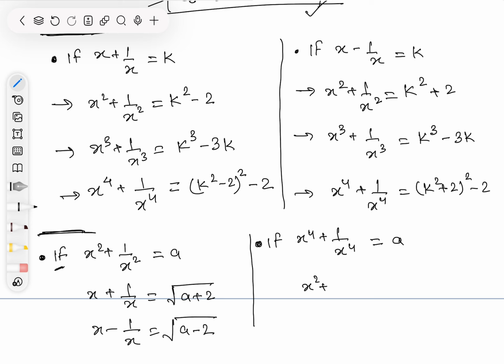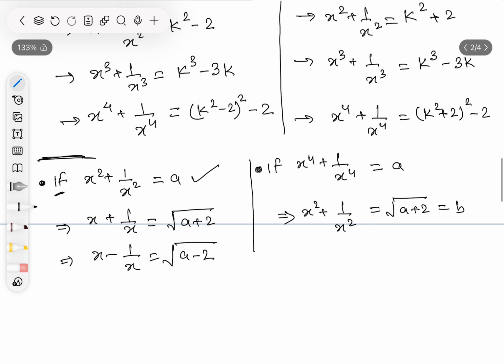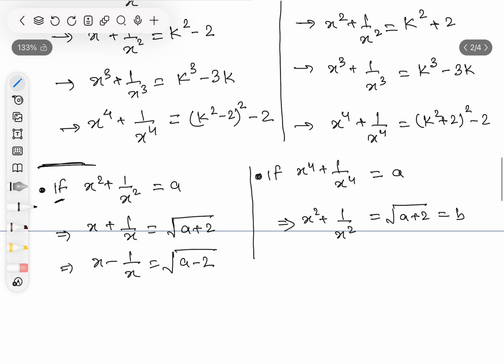So if I need to find x square plus 1 by x square, this will be root of a plus 2. We can write it as b. So now you see again this same situation is occurring over here. If I need x plus 1 by x from here, then I can write root of b plus 2.